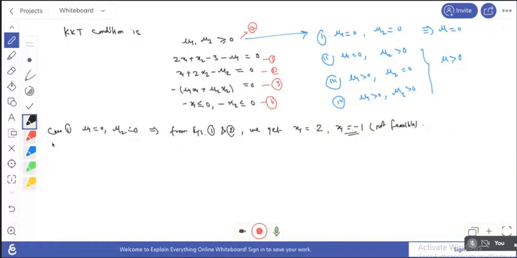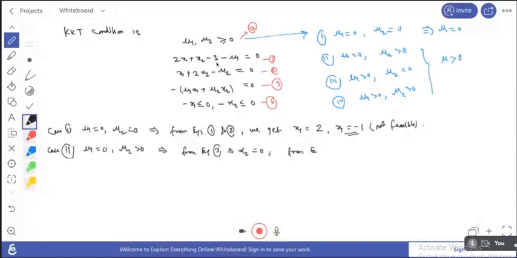Then we go to our case 2. Okay, so case 2 where mu1 is 0 and mu2 is greater than 0. Now, if mu2 is greater than 0, we take equation number 3, because mu1 is 0, so this is 0, and from equation 3 it implies that x2 is 0. Okay, so from this equation you get x2 equals 0. Now from the equations, if we put x2 equals 0 and mu1 equals 0, then we solve those two equations.